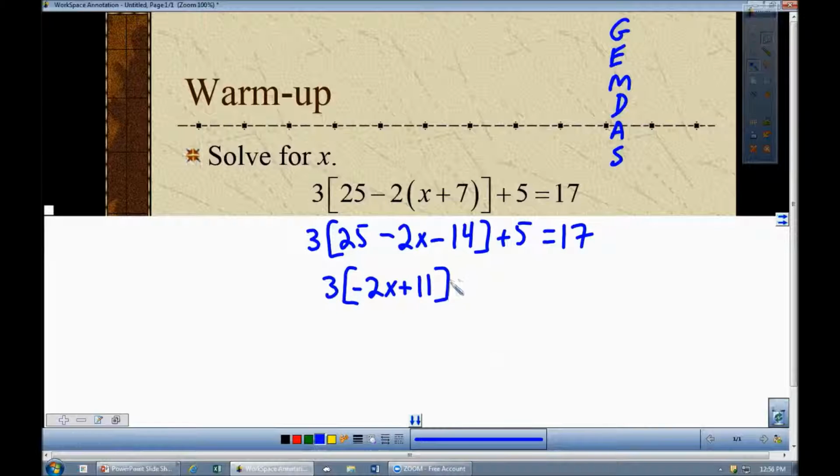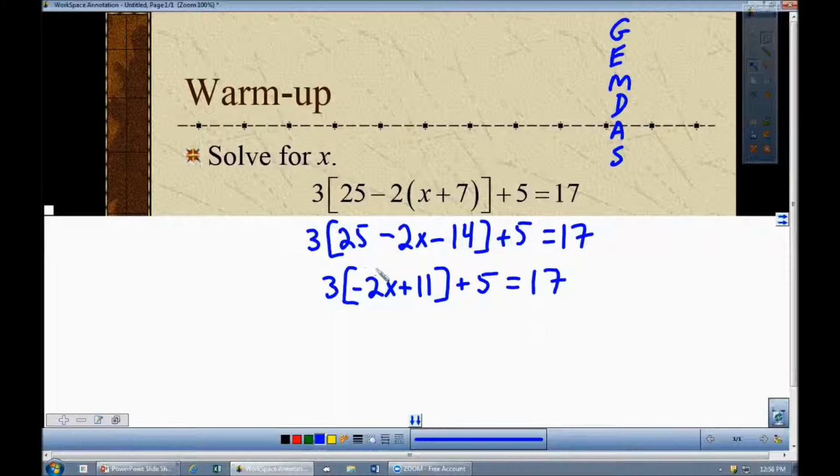I have a 3 out here. I have a plus 5 out at the end. According to our order of operations, I just did some multiplication. Lower on the order of operations, the last priority is addition, so I'm going to save this plus 5 for later.